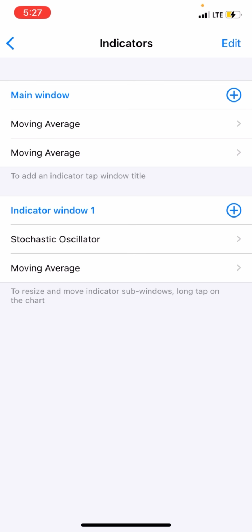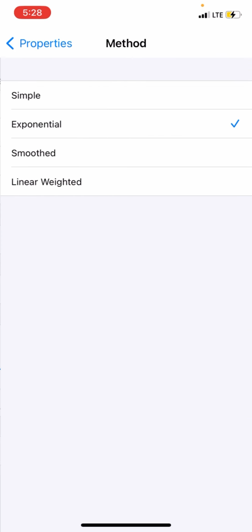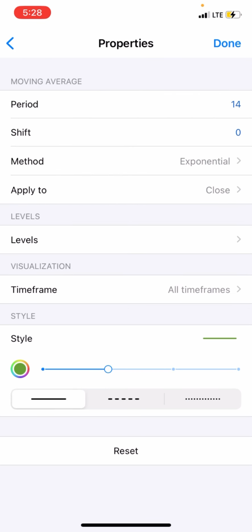The first 2 are going to appear on our main window, while the other one will appear in the indicator window after we've added the stochastic oscillator. The first moving average has the following properties: period 14, shift 0, method exponential, apply to close.